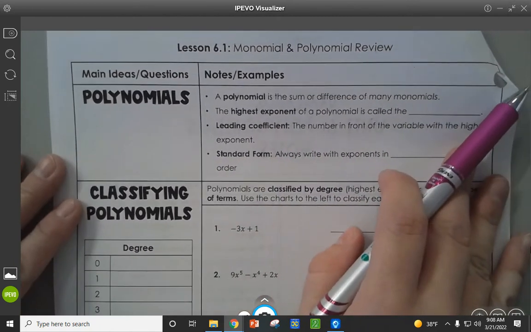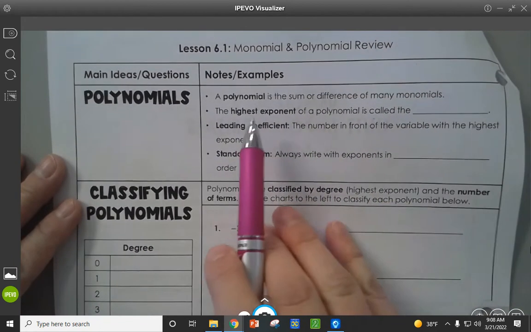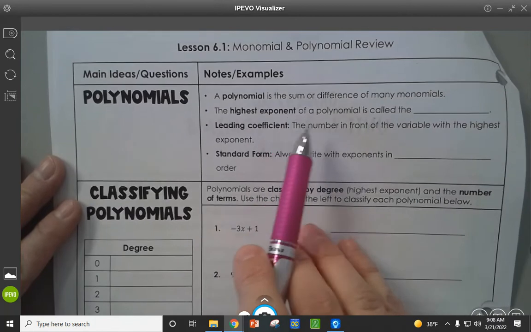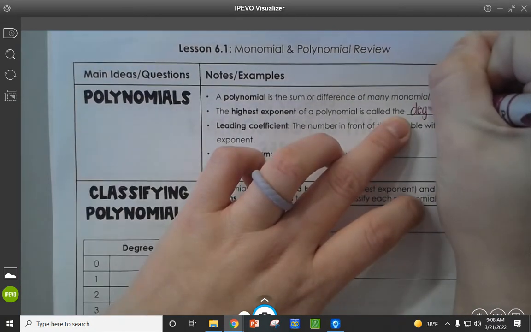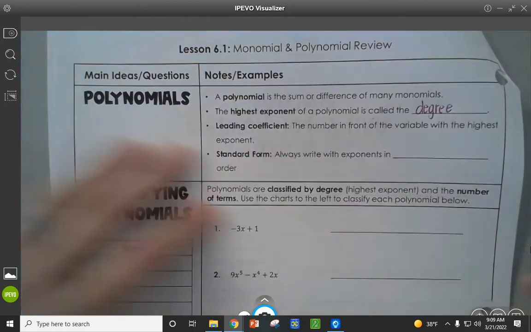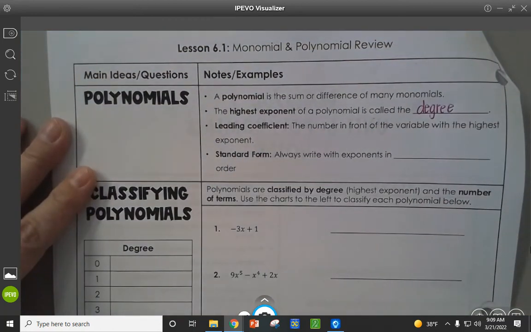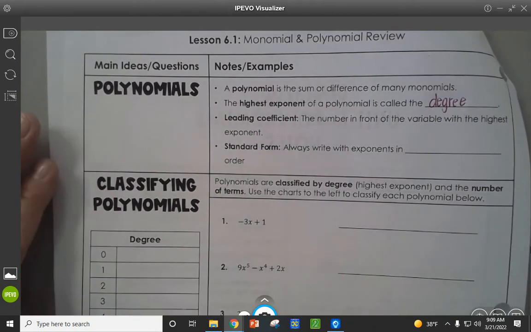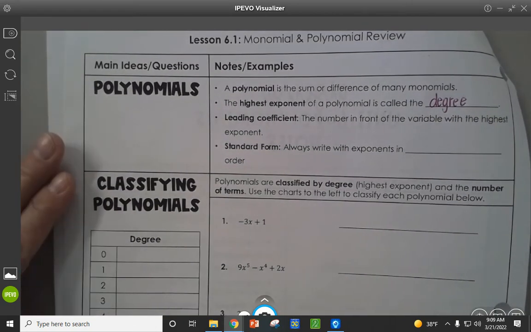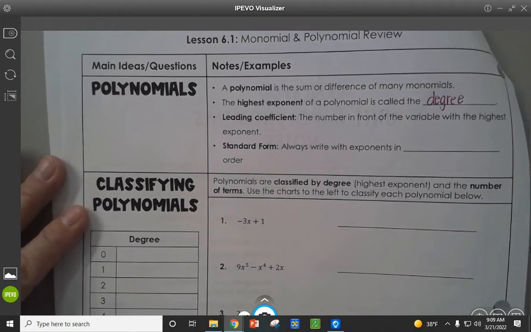There's something called the degree. The highest exponent of a polynomial is the degree. So if we look at all of the exponents across our polynomial, whatever the largest one is, I might say the degree is 4, or I might say the degree is 2.